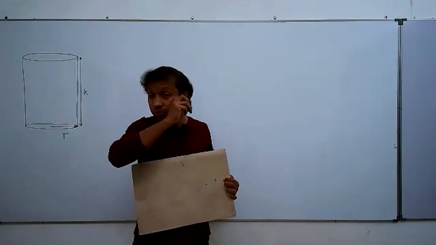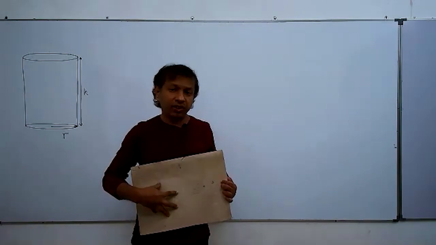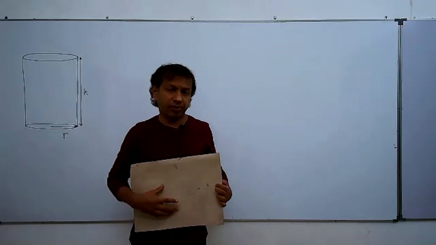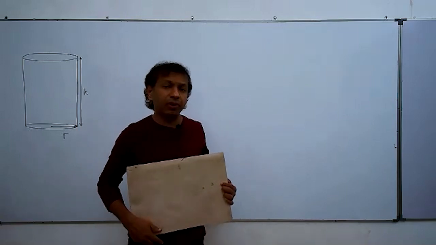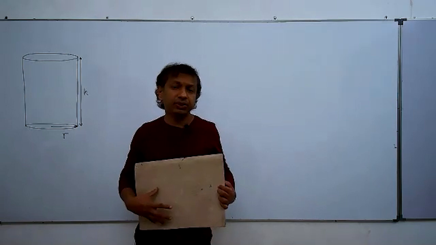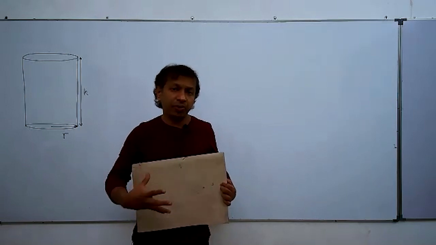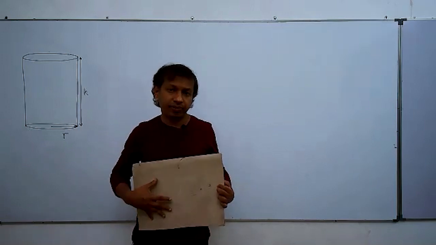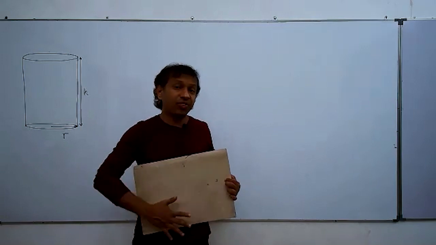Then we have to make sure to buy the minimum possible area of metal sheet which we need to make this can. So minimizing the cost of producing this can means minimizing the expenditure in buying this metal sheet. To minimize that expenditure, people, we have to minimize this area.